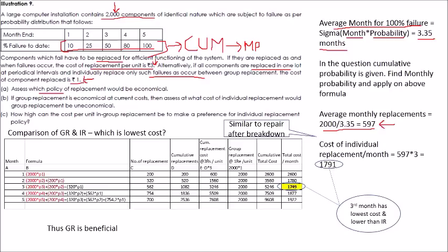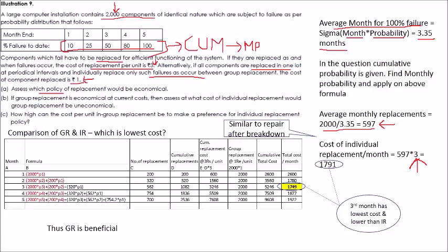So out of 2000, monthly there will be 597 average failures, and only the failed components you are going to replace, which is called individual replacement. During individual replacement, the supplier will supply only for 3 rupees. So I have applied 3 rupees here. Okay, and 597 multiplied by 3 is 1791.